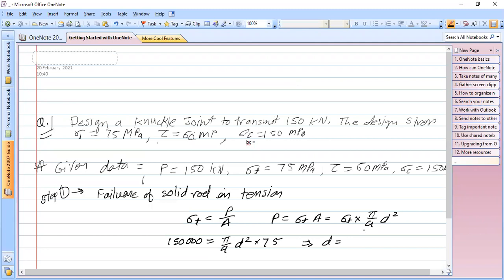This is sigma T, which is given here. Area is equal to pi by 4 d square. So using this, just tell me the d answer, how much you are getting first. Then we'll proceed for the relationships of d with d1, d2, d3, d4. We already wrote them, the same we have to proceed.